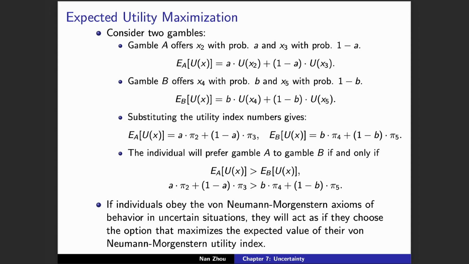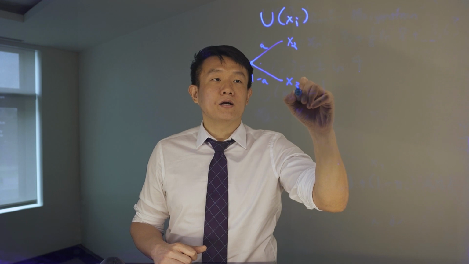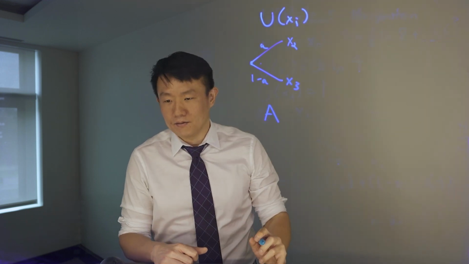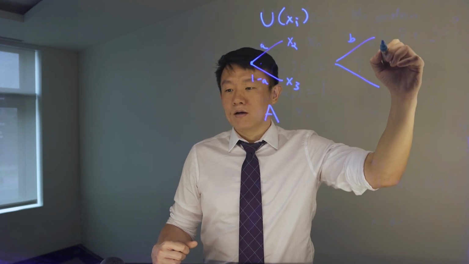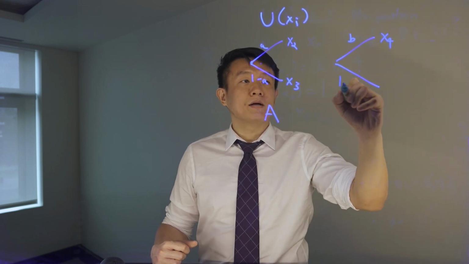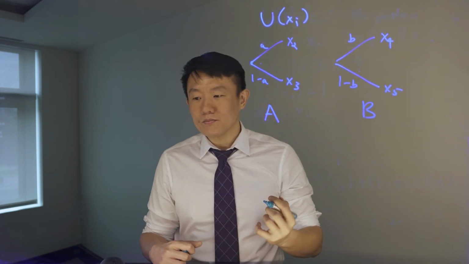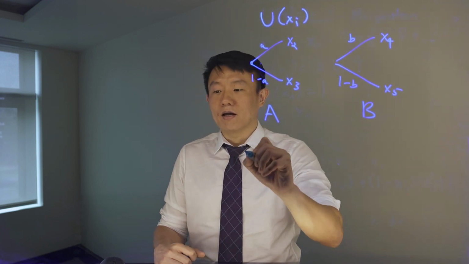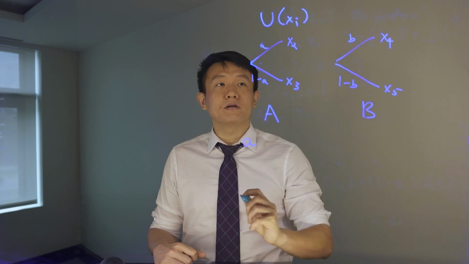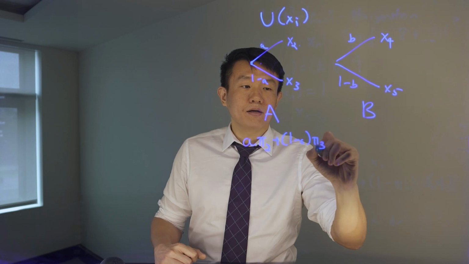So let's say that gamble A is going to give me x2 with probability A and x3 with probability 1 minus A. And then gamble B is going to give me x4 with probability B and x5 with probability 1 minus B. Well, the expected utility of A is just going to be A times the utility of x2, which is pi 2, plus 1 minus A times pi 3.